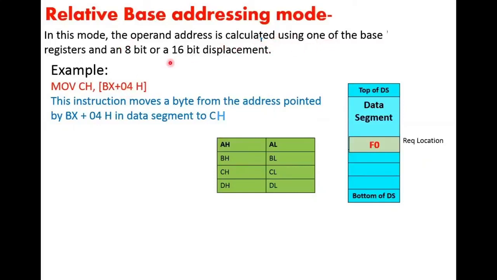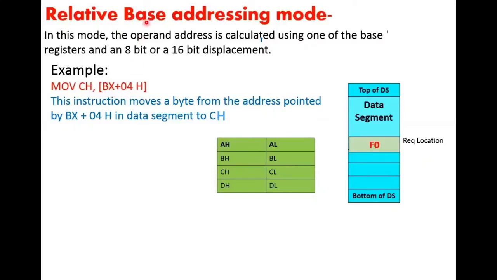So in the instruction an 8-bit or 16-bit displacement is also given, to calculate the offset address or the memory location. Both are same, right? So remember, here we used base register, that's why it is called relative base.